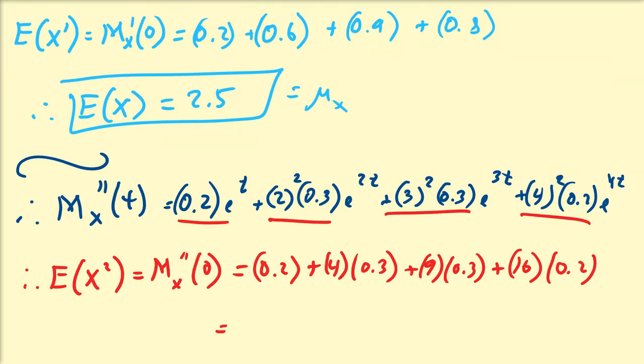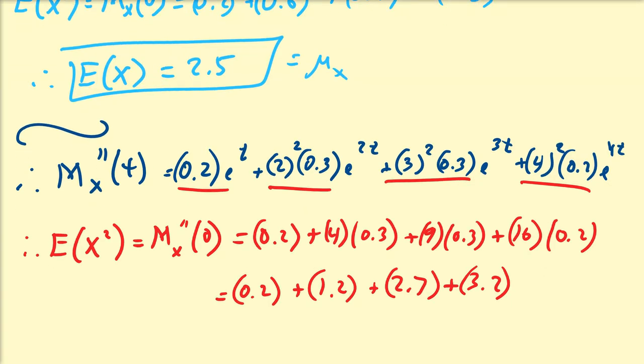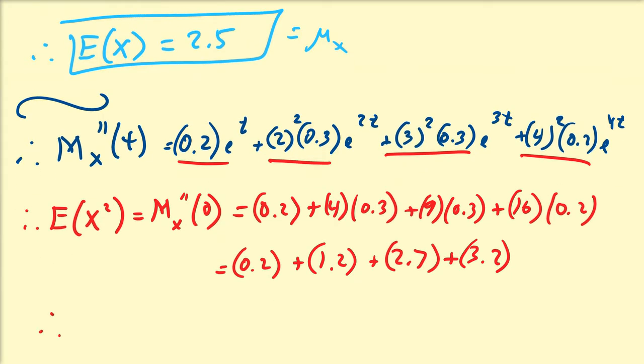And then we can calculate these products. So we have 0.2 plus 1.2 plus 2.7 plus 3.2. And then once you calculate all those sums up, you have that the second moment of the random variable x is equal to 7.3.